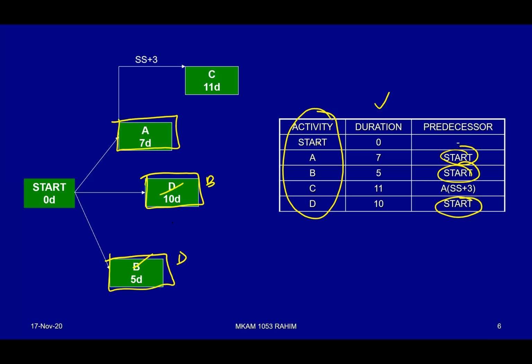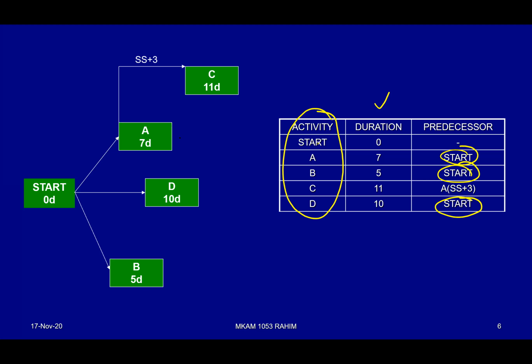At the end of the day, you might have arrows tangling around and messing up the look of the arrangement. That's okay as long as you get the relationships correct. Your diagram must be correct, and then you can redraw it to arrange the activities in a better way.